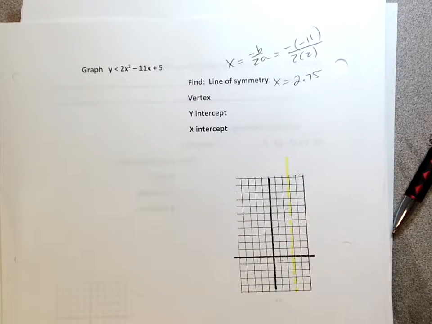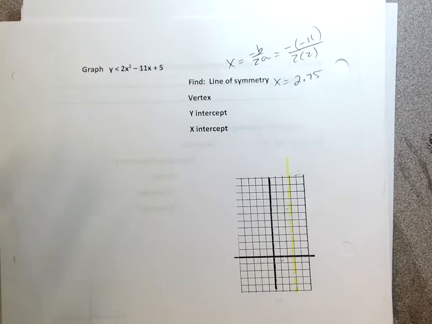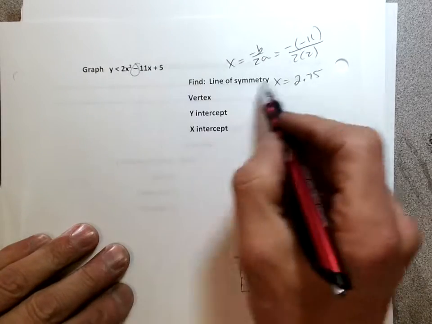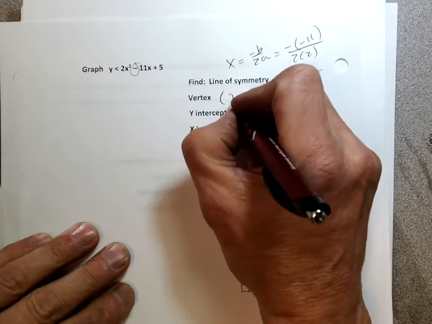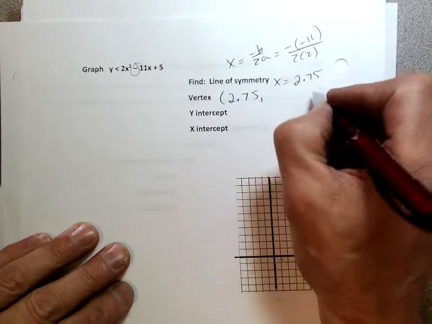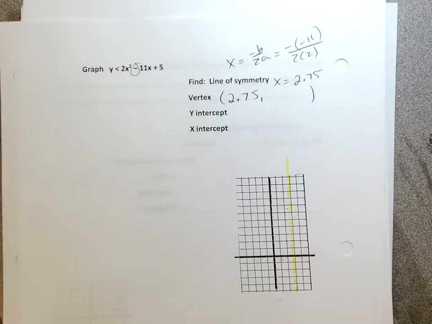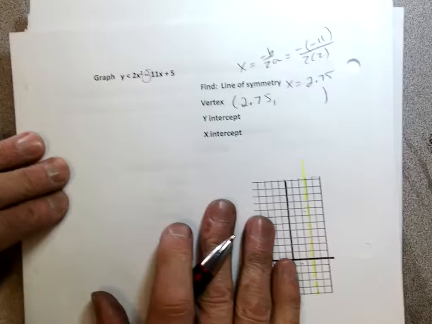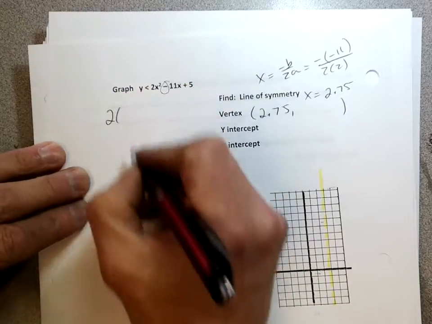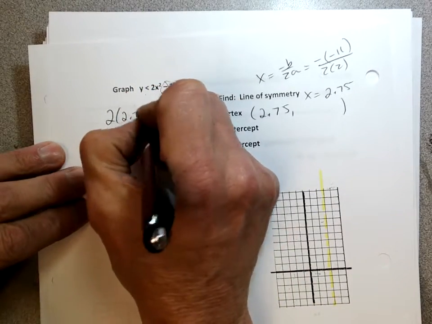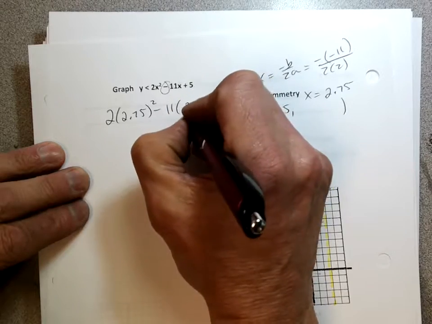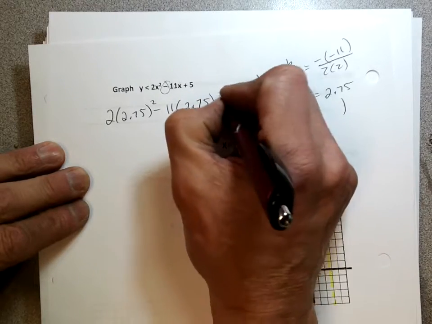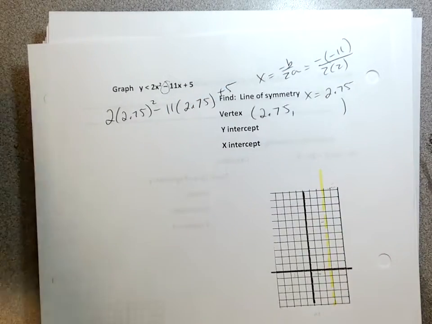Okay, so the vertex, if you've caught up from my dumb mistake, double negative, 2.75 something, and I'm going to use my calculator to plug it in. So I'm going to have 2 times 2.75 squared minus 11 times 2.75 plus 5, right? Just going to plug it in.